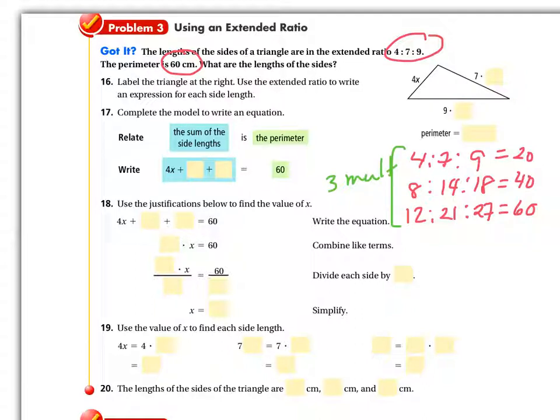So my point being, if you don't know how many multiples there are, you let x be what you're multiplying to each of those numbers, because I don't know what I'm going to multiply to the 4, the 7, and the 9, but I do know that I'm going to multiply all 3 of them by the same number. And so we always attach an x onto each of the numbers in that ratio. And then we use the other information in the problem to figure out how to solve it.